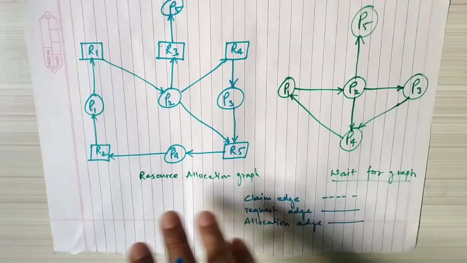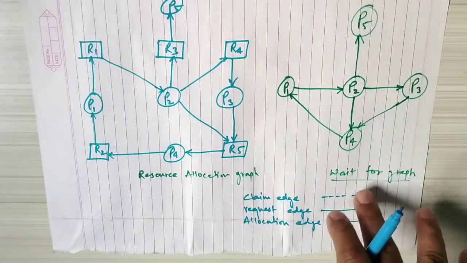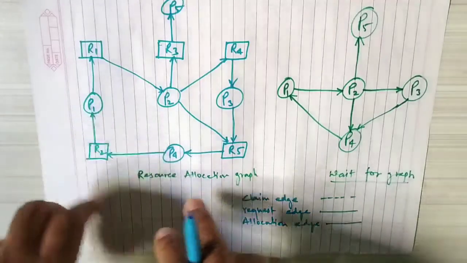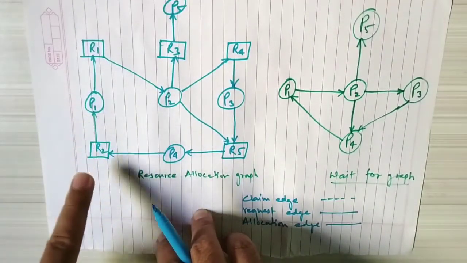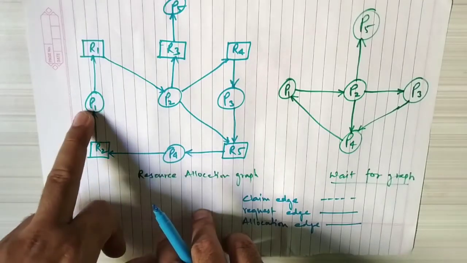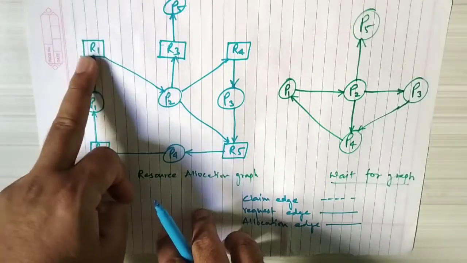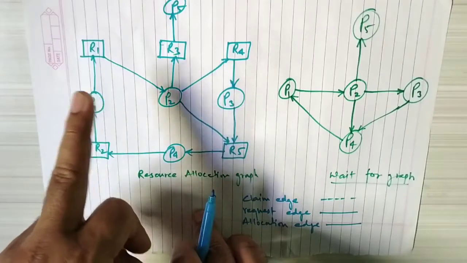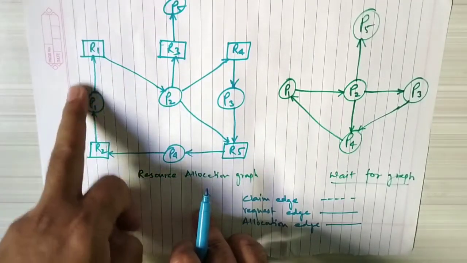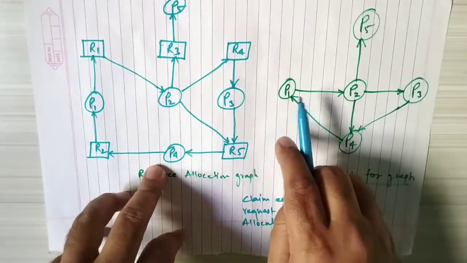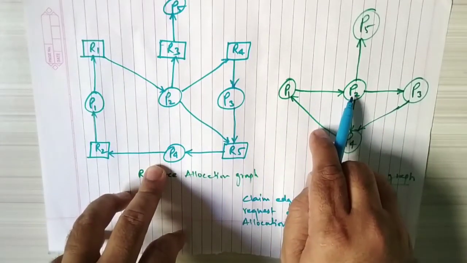So we are converting the resource allocation graph into a wait-for graph. I'll give an example. P1 is holding resource R2 and waiting for the resource R1, which is being held by P2. So indirectly P1 is waiting for P2. So instead of going from over here, we'll directly point to P2.